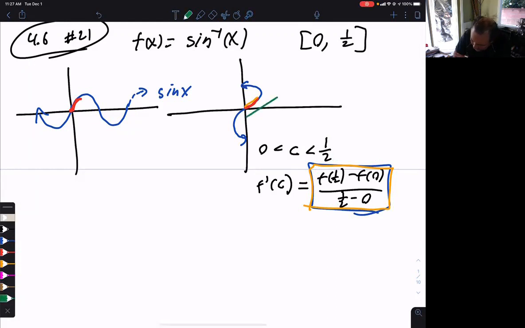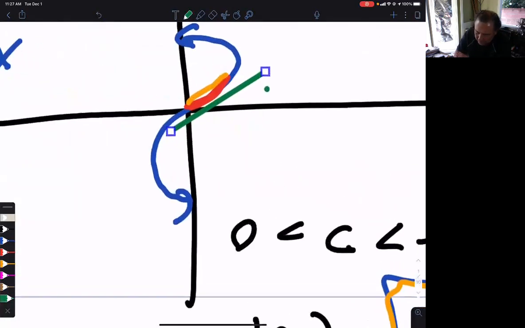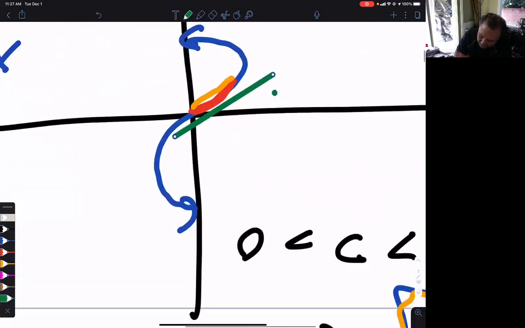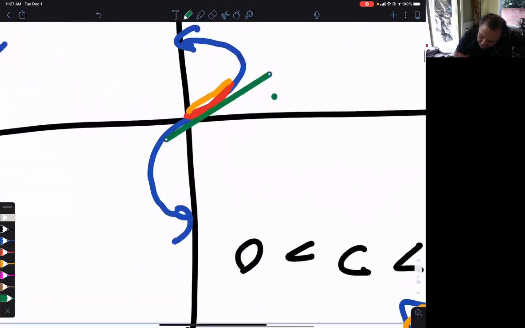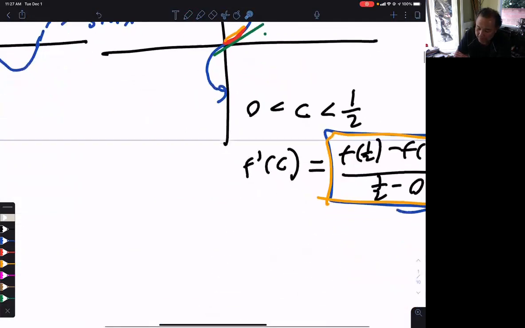So it has to have that slope. There's got to be a place where that's true. It looks like right there. It's hard to see. So it looks like there's a point, like right there, where the slope of this is equal to the slope of that. That's kind of pictorially what's happening.